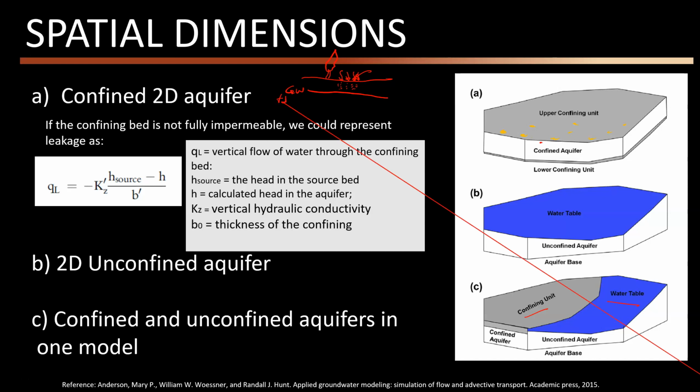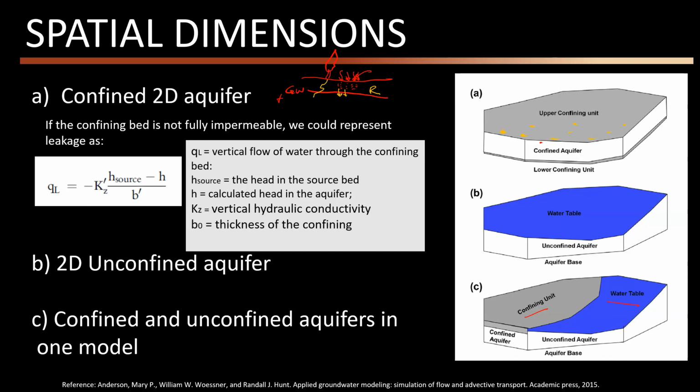But if in any way we can get some information to know how much water is going into the aquifer, that is our R. That would be the other way.